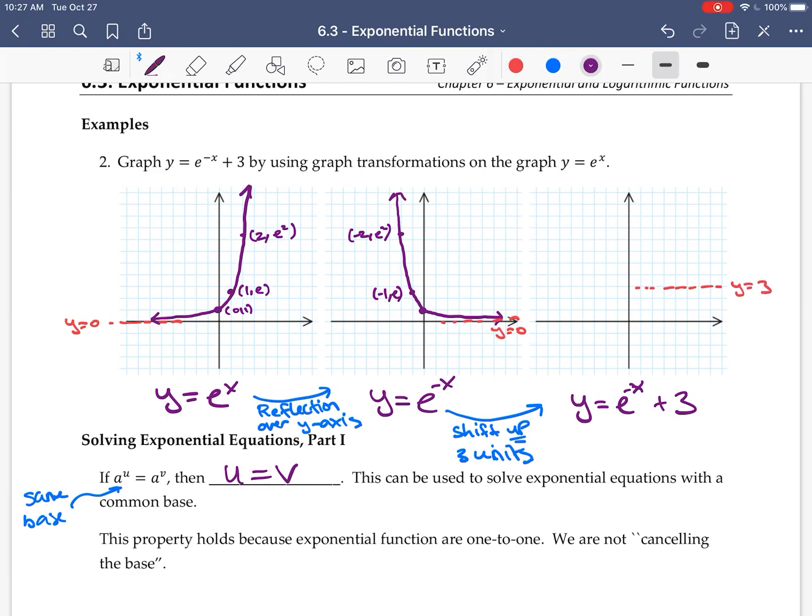Okay, and then instead of being at (0, 1), we're going to be at (0, 4). And then at negative 1, we're going to be at e plus 3, so that's around here.